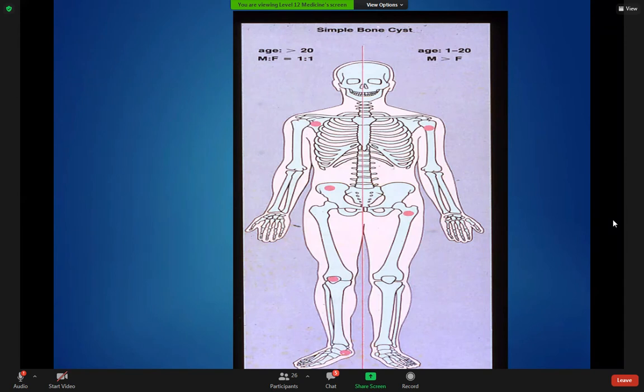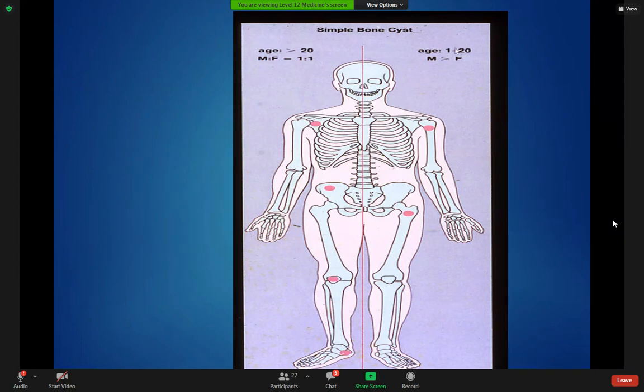Okay, so now we'll go through a few common benign and malignant tumors. The first thing, we start with simple bone cyst. It's a benign tumor.